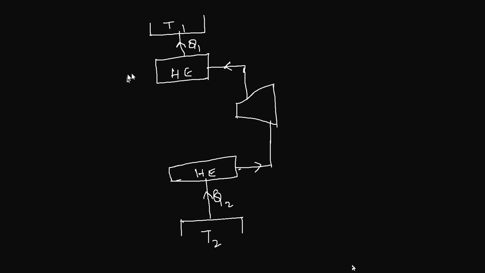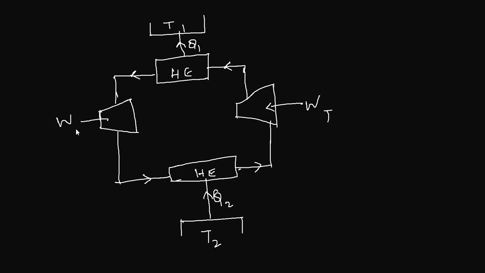The flow is exactly reverse to what happened in the Carnot cycle. So it is a reversed heat engine, and here you complete the cycle. You take work in at the turbine here, and you reject the pump work here.